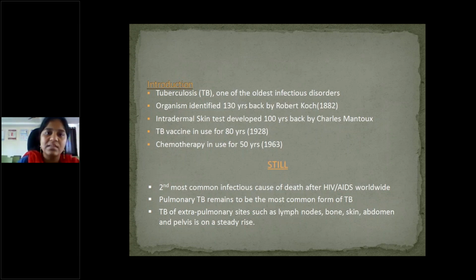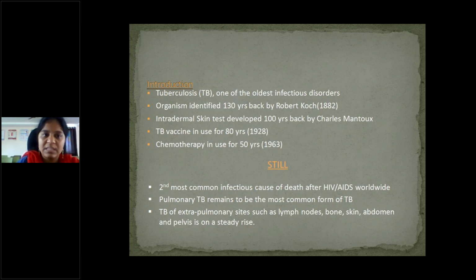In dermatology itself, we use it for various conditions, like neutrophilic dermatoses, which you won't see that commonly. You might not have seen them, but even in those conditions the same physiology is used, and it is used in many other conditions nowadays. But initially, it was started only for tuberculosis almost 100 years back.